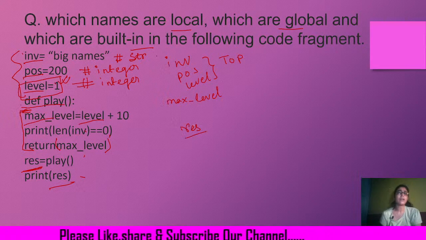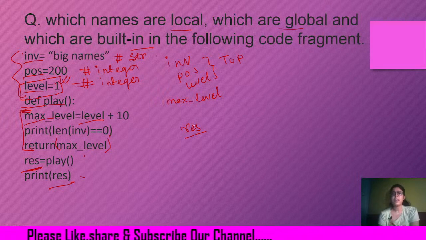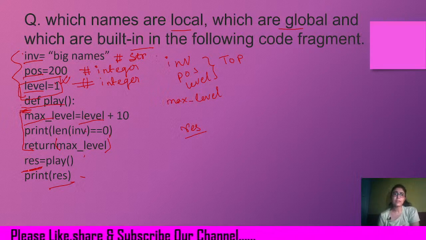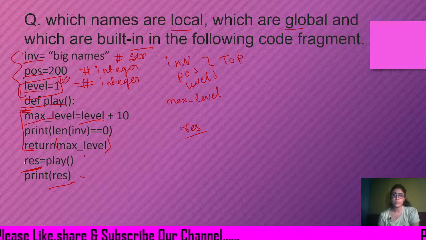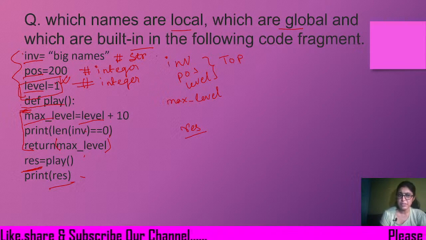Now see, this res is not defined at the top of the code, but it can be chosen as a global variable over here because no main function has been written.